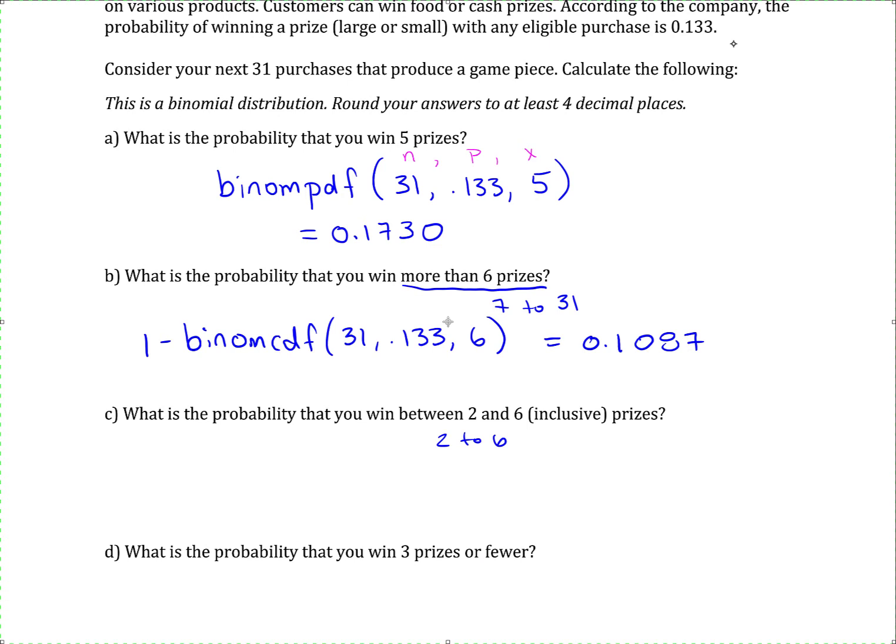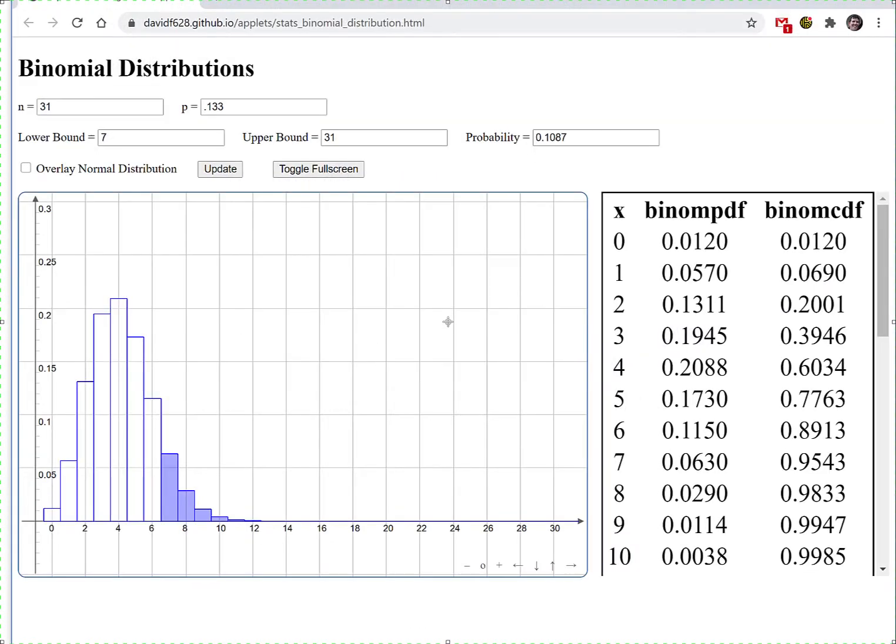I think a complement would be helpful. So 2 to 6, our lower bound would be 2, and our upper bound would be 6. If I show those bars shaded, that's what that looks like. These are the ones that we want.